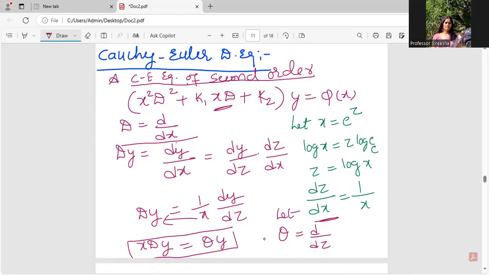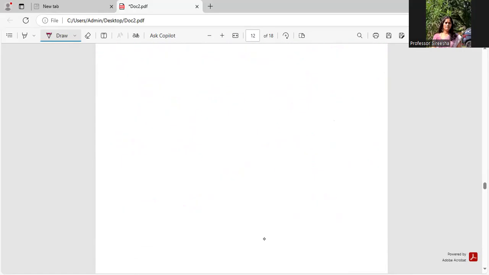By the way, what exactly I'm trying to do: Cauchy-Euler is a variable coefficient differential equation, unlike a constant coefficient one. Using this transformation, I'm trying to transform the variable coefficient equation to a constant coefficient one. You'll be observing how it gets transformed to a constant coefficient one, right?